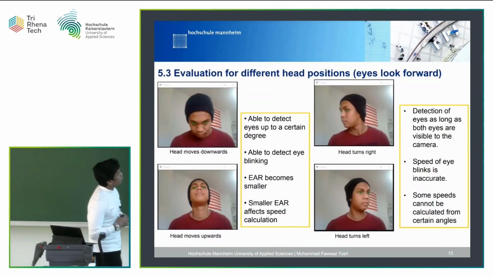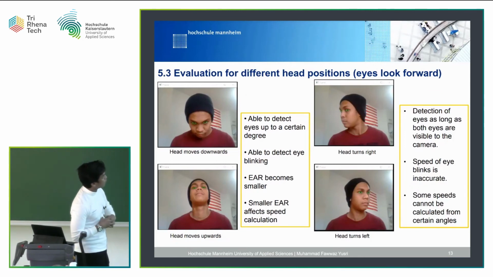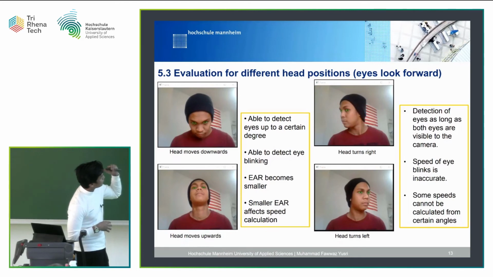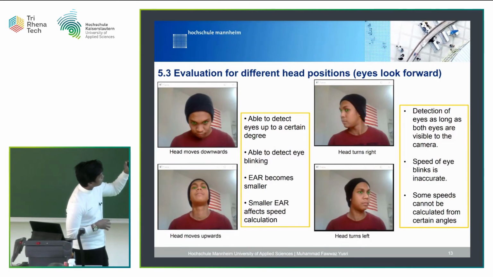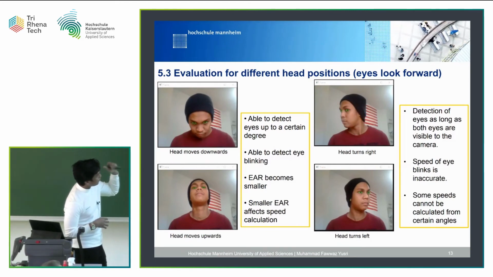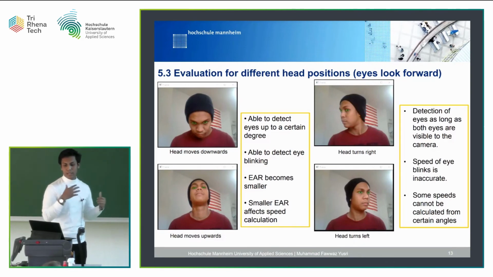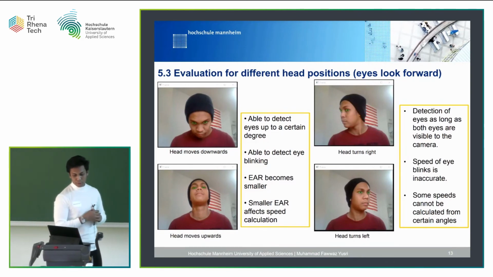And the last evaluation is for different head position movements. For the downwards and upwards movement, they share the same result: the algorithm is able to detect the eyes up to a certain degree and is also able to detect the eye blinking.